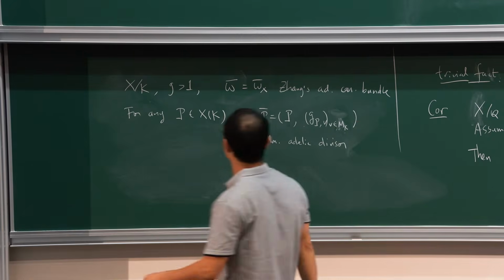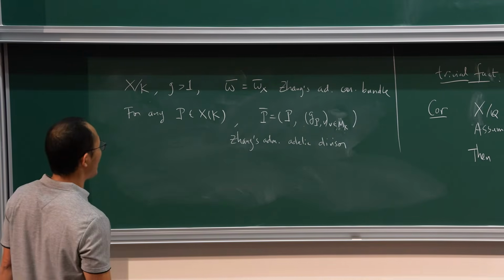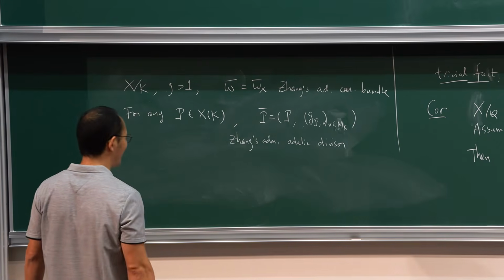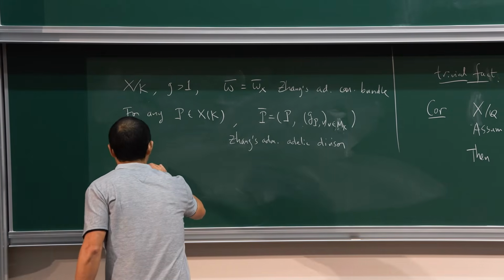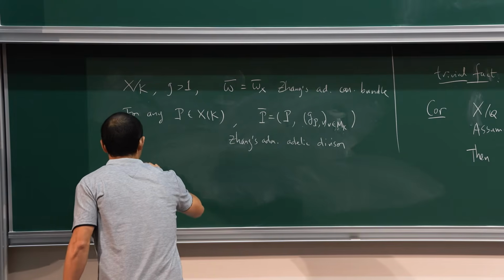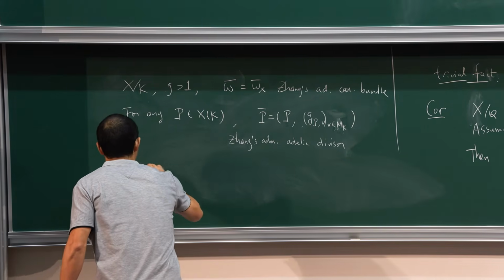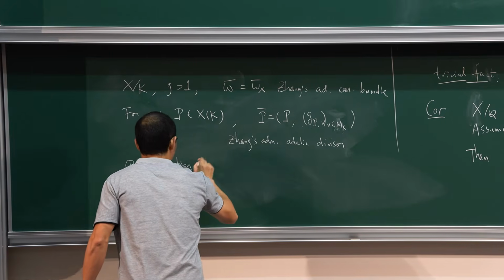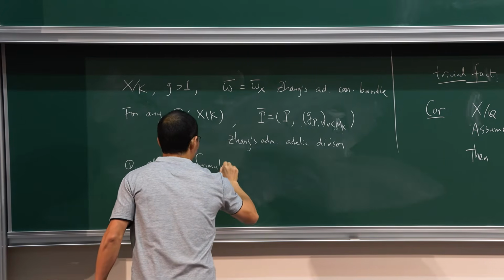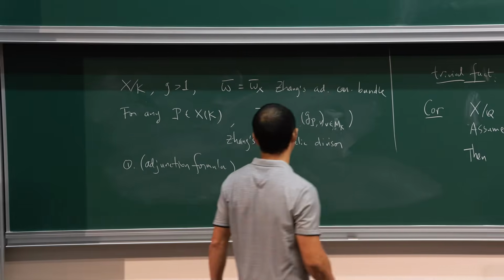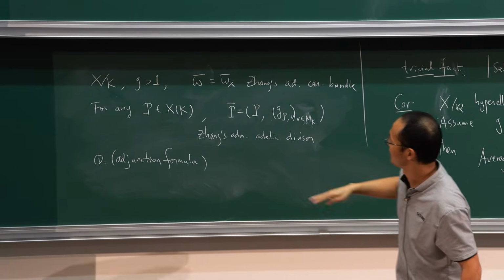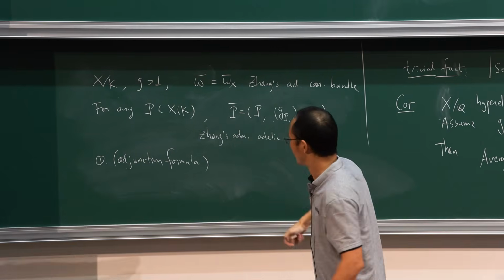Okay, and then we have two nice results here. First we have this adjunction formula. The good reduction case, the original case, is due to Arakelov, and then extended to the current case by Zhang.